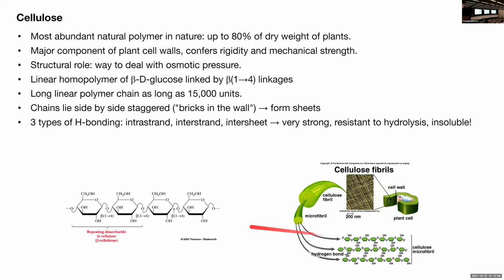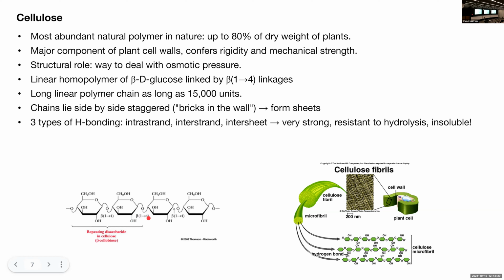For these interactions, hydrogen bonding has a critical role. Three different types of hydrogen bonding are involved in the sheet-like structure of cellulose. Intra-strand, because you have lots of hydroxyls and hydrogen atoms.